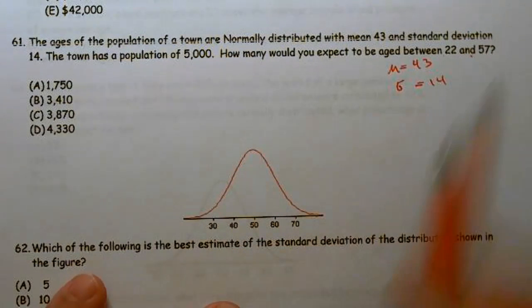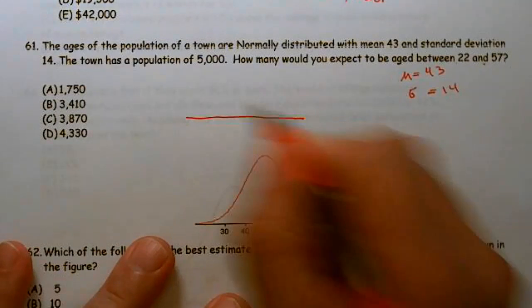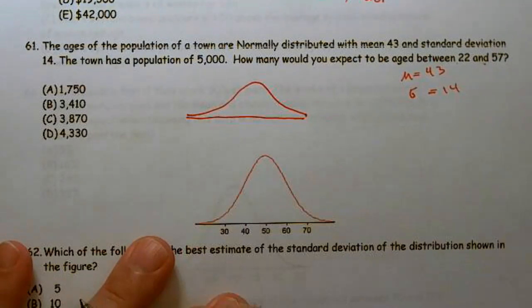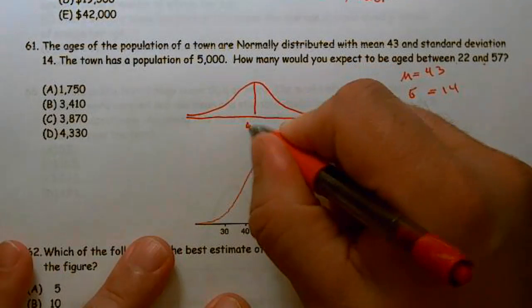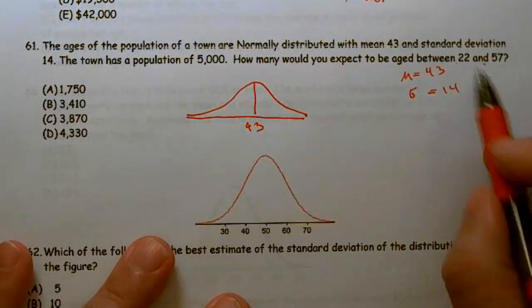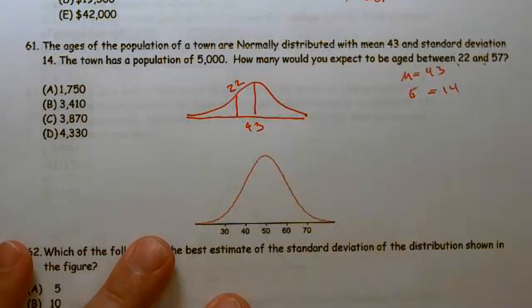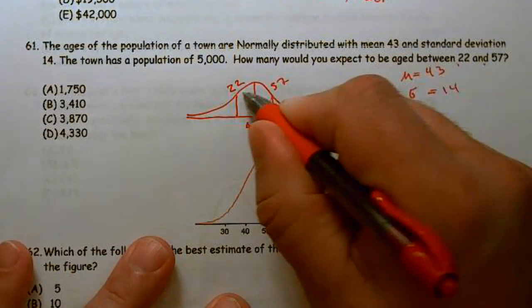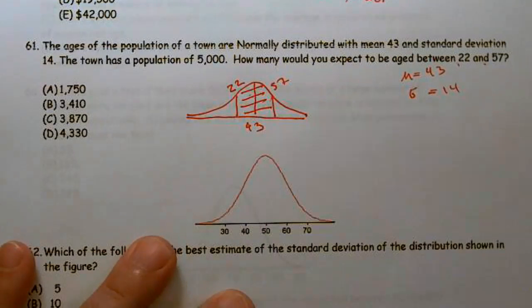Well, first off, let's draw a chart and see what we have. All right, so we're sitting here with a mean of 43 and a lower bound of 22 and an upper bound of 57. So we're going to go ahead and find out how much is there.